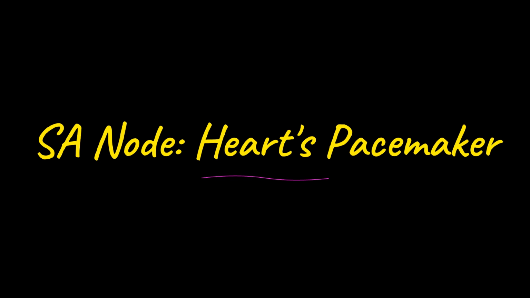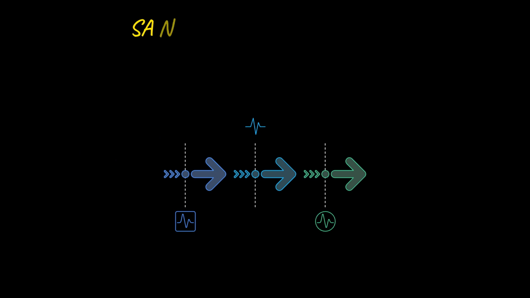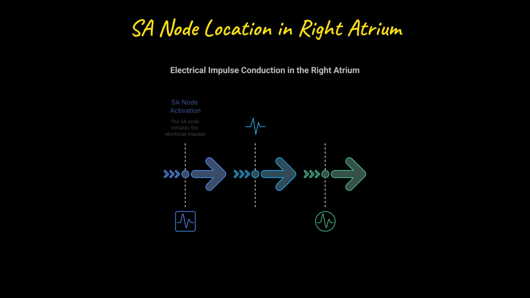Understanding why it dominates, where it sits, and how its rate is controlled explains the foundation of normal cardiac rhythm. The SA node sits in the upper right atrium at its junction with the superior vena cava. It is a cluster of specialized cells capable of spontaneous depolarization.